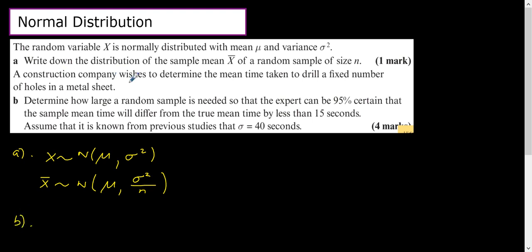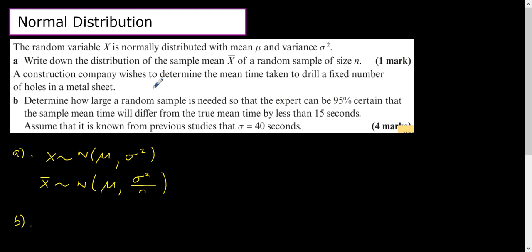Now, a construction company wishes to determine the mean time taken to drill a fixed number of holes in a metal sheet. Determine how large a random sample is needed so that the expert can be 95% certain that the sample mean time will differ from the true mean time by less than 15 seconds.